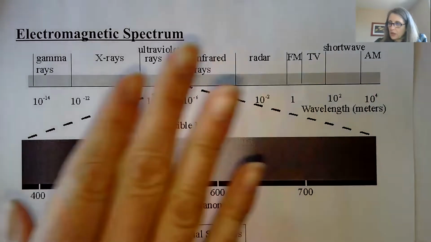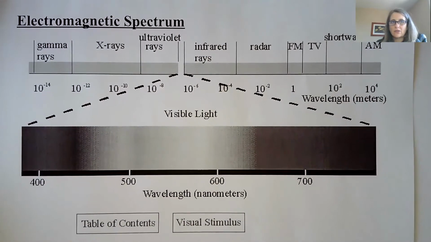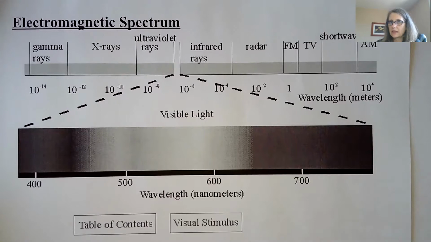So no need to memorize any of this. Instead, understand that there are different kinds of electromagnetic spectrum light, and that is a concept going forward. In the next video, I'm going to focus on doing some calculations with light.